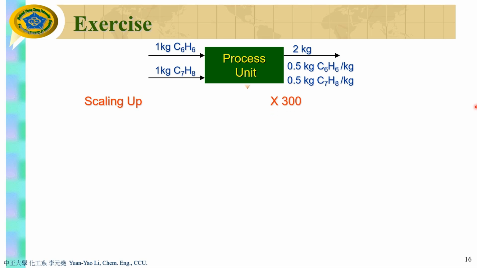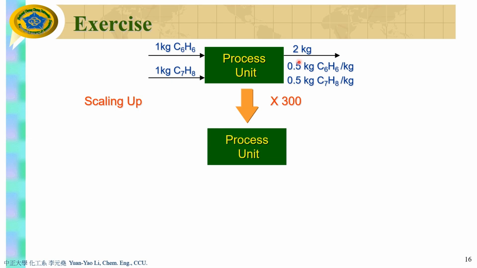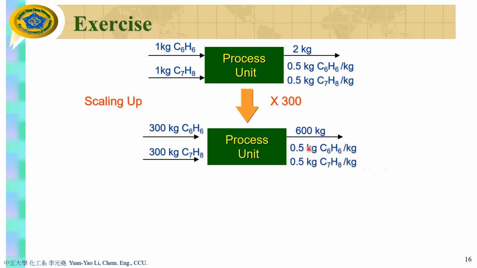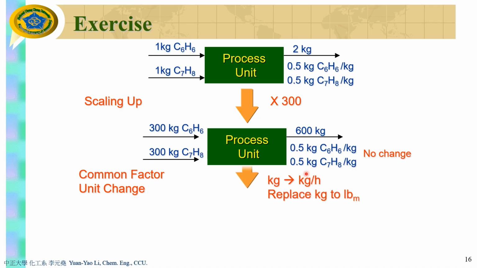Okay, so this is an exercise. If we scale up 300 times of this process, no problem, right? So from 1 kilogram to 300 kilograms. And of course, you will have 600 kilograms in output. I'm sure you understand, the fraction doesn't change, right? Remember this? Okay, so can we give a common factor to both sides?